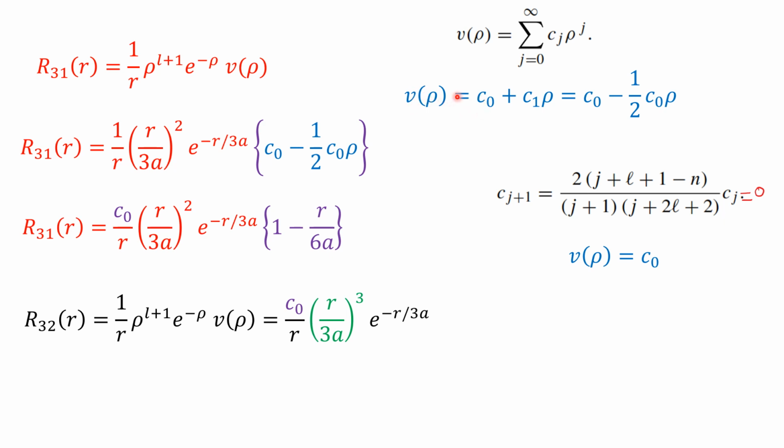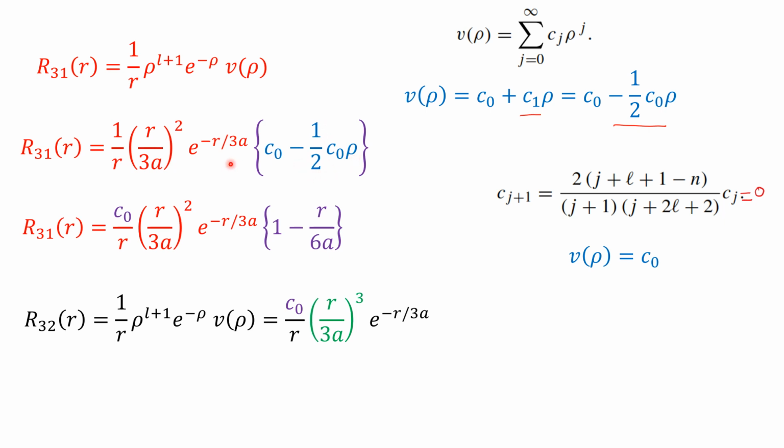V of rho can be written as C naught plus C1 rho from the summation term, and C2 onwards is 0. Since C1 is equal to minus half C naught, we replace this by C naught minus half C naught rho.